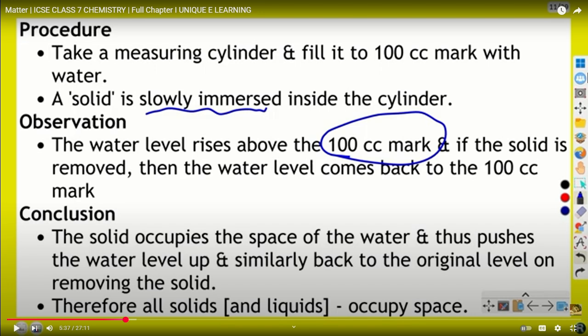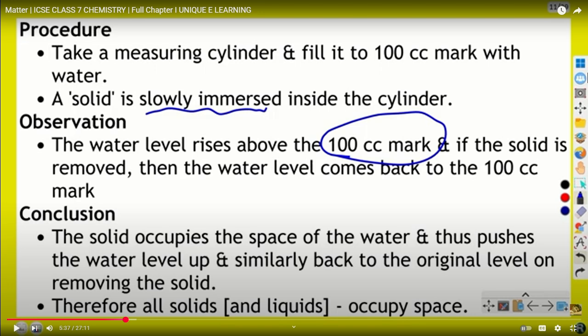Those who are in class 7, 8 or 9 will definitely know what the water displacement method is. If you want to check the volume of a liquid or of an irregular solid, and as you know there are no formulas to measure the volume of an irregular solid, then you can do it by the water displacement method. Procedure is the same and observation is also the same.